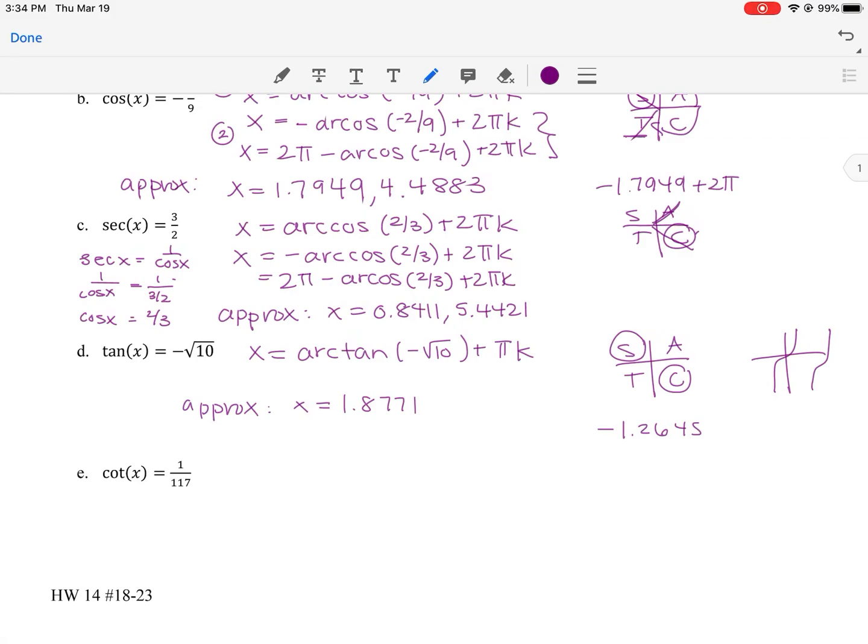But since we want things to be in the interval 0 to 2 pi, I added pi to that, then get that angle in the third quadrant. I think it usually gives you things either in the first and second or first and fourth, depending on which trig function it is. And then if I add another pi to that, I get 5.0187.